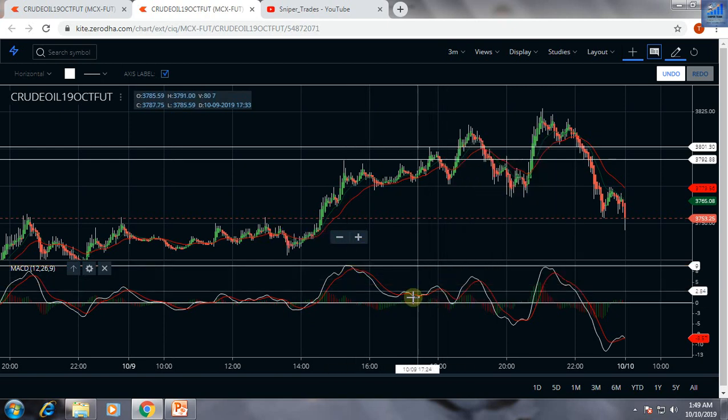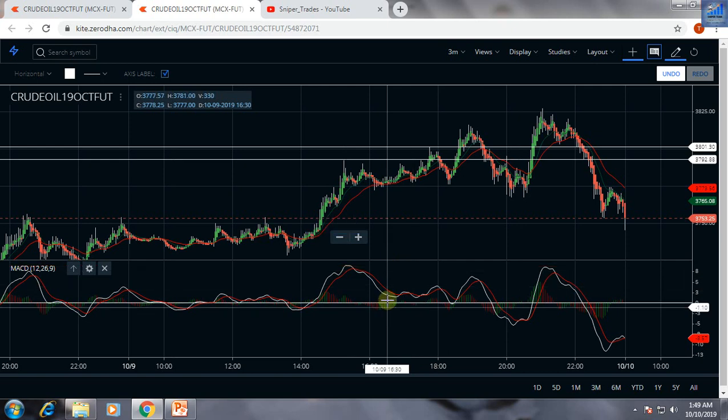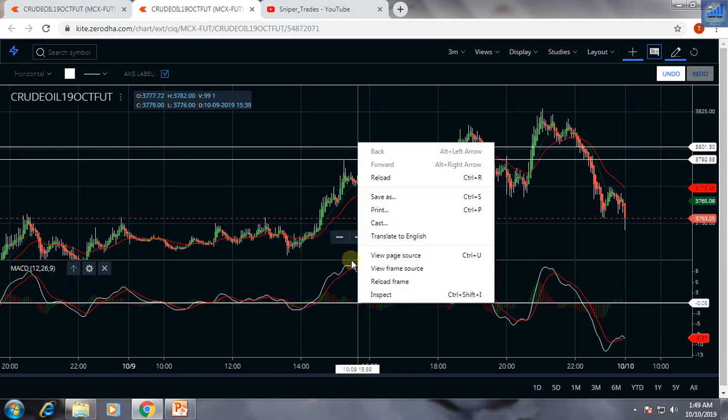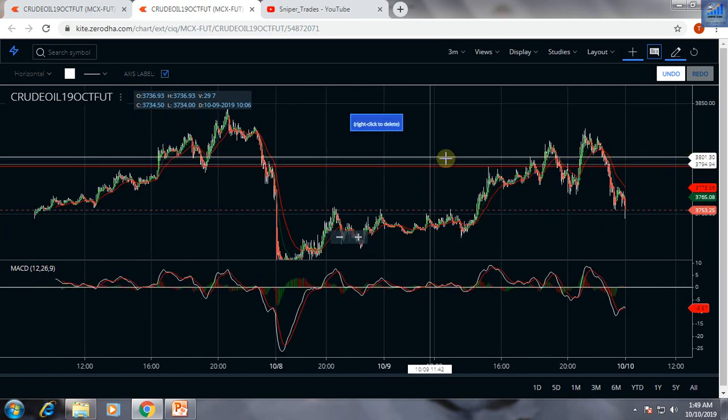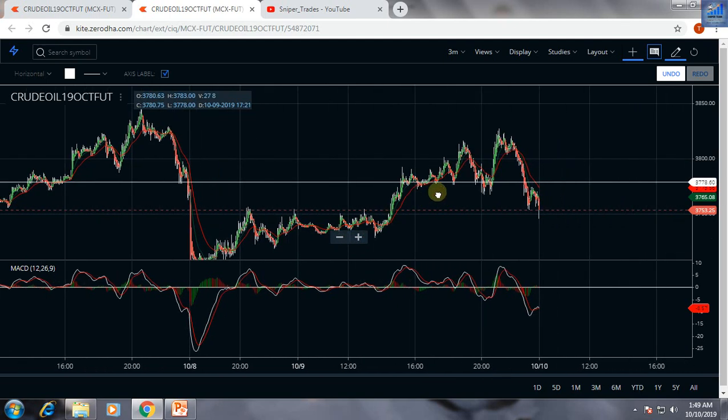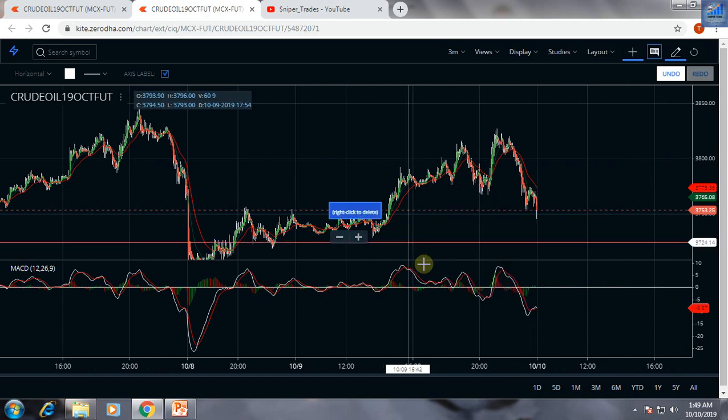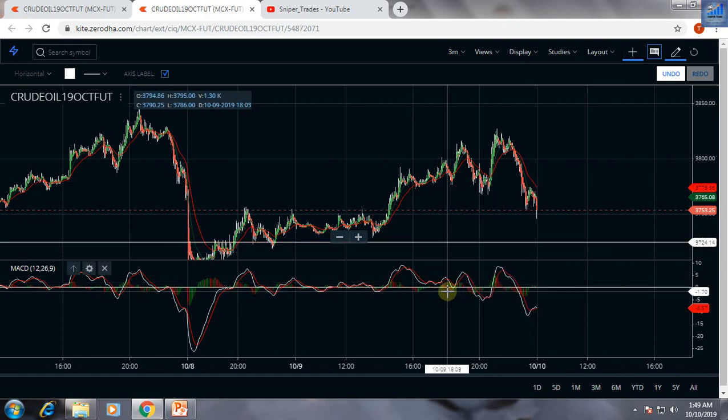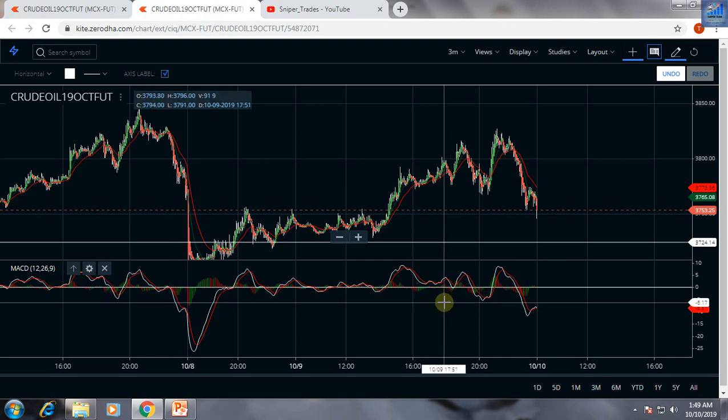And similarly, bearish divergence. In bearish divergence, the price will make a low and later will make a lower low, but the MACD line will not make a lower low the second time, but it will make a higher low.